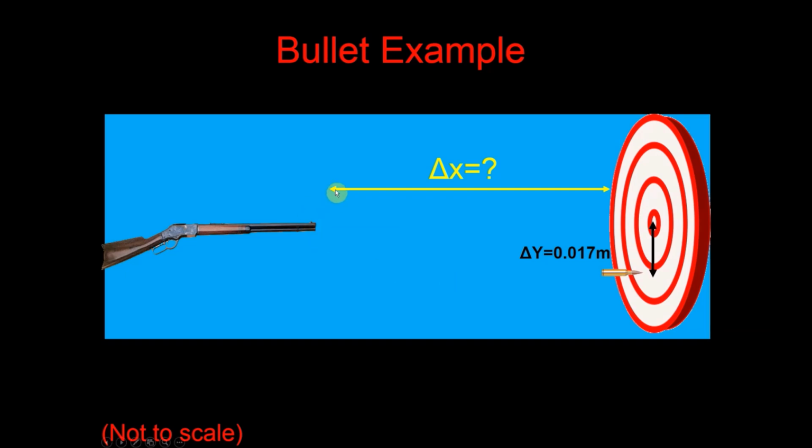So here we're looking at the range, delta x, how far in the x-axis has this bullet traveled, and delta y, how far has it dropped. So you only really have 2 variables in this particular formula, delta x and delta y.